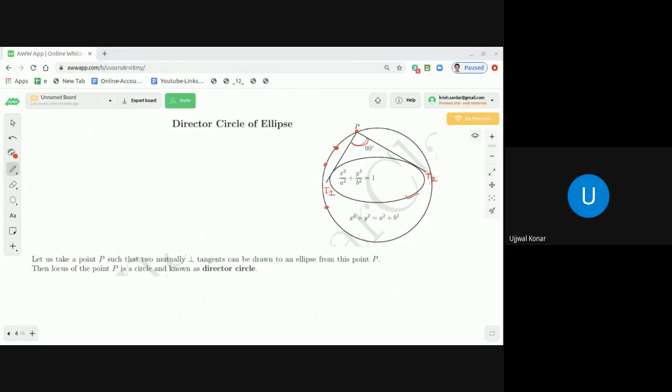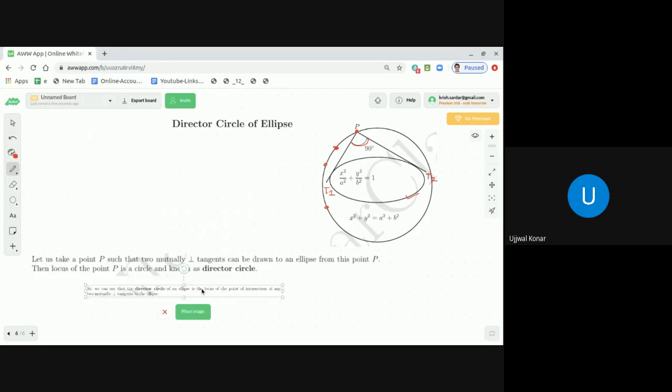So what can we say the other way? We can say that the director circle of an ellipse is the locus of the point of intersection of any two mutually perpendicular tangents to the ellipse, correct or not? So the other way, I am going to place that statement in front of you.